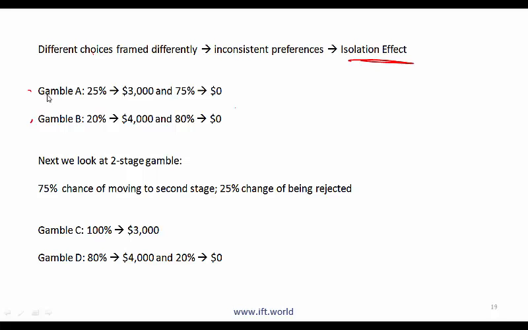In gamble A, you have a 25% chance of making 3,000 and a 75% chance of making nothing. Whereas in gamble B, you have a 20% chance of making 4,000 and an 80% chance of getting zero, making nothing. What do you think most people will prefer?